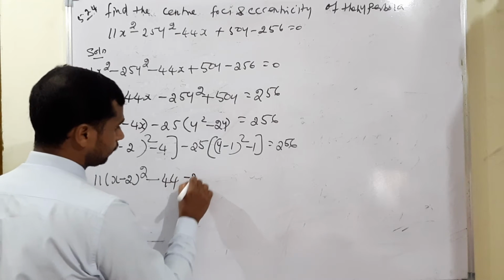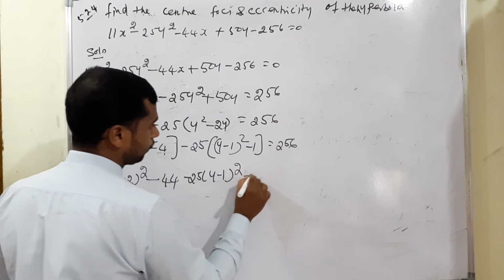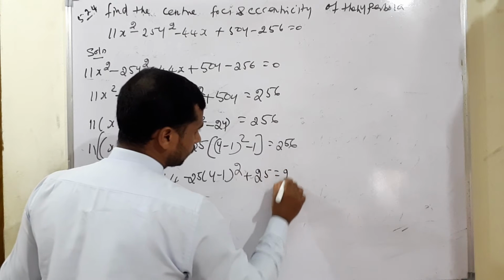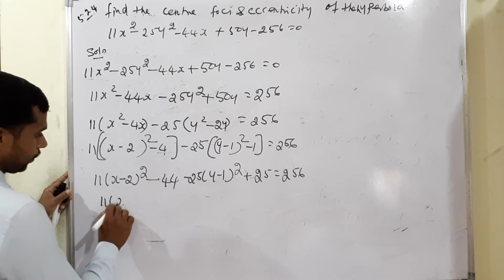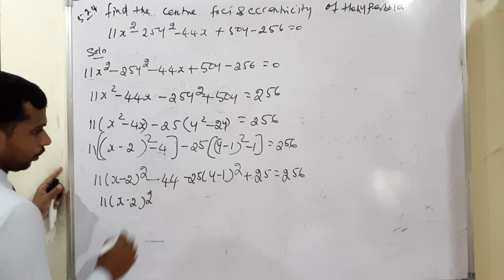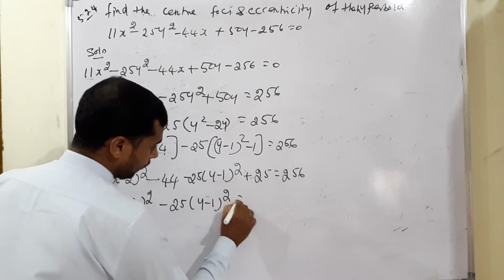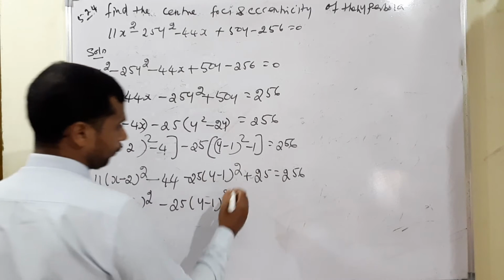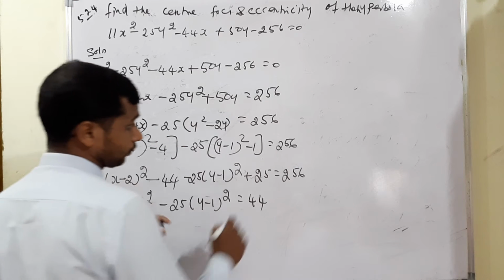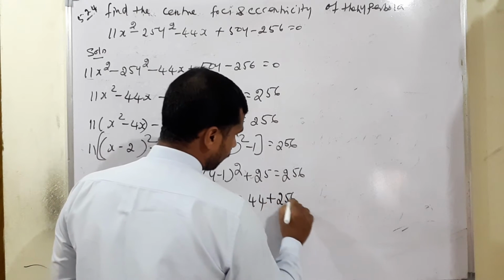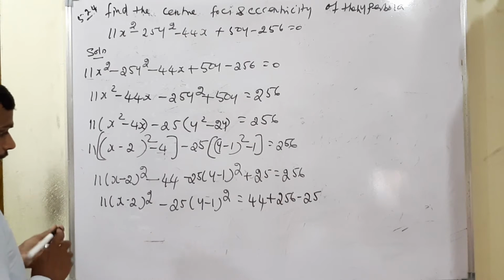Next one minus 25 into y minus 1 the whole square, minus into minus plus 25 is equal to positive 256. Again 11 into x minus 2 the whole square, then minus 25 into y minus 1 the whole square, negative 44 bring to the opposite side means a positive 44. Then this is already positive value 256, plus 25 bring to the opposite side means minus 25.